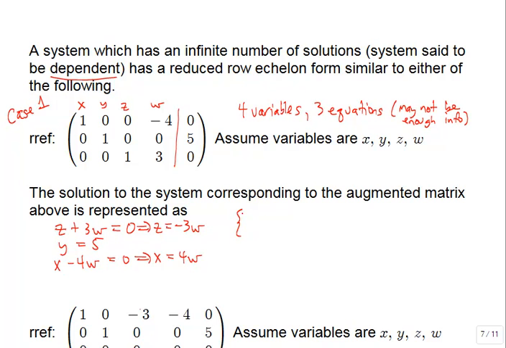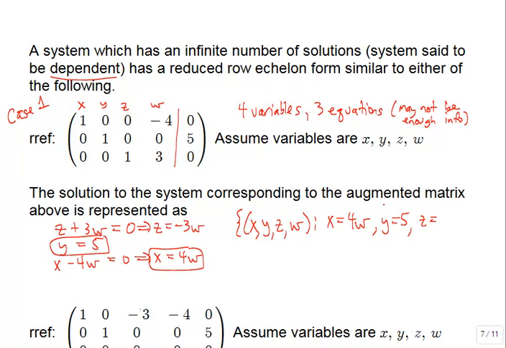Our answer in curly braces is the set of points of the form X, comma Y, comma Z, comma W, such that X is equal to 4W, Y is equal to 5, Z is equal to negative 3W, and what's W equal to? Well, W is any real number. There was no restriction on what W had to be.